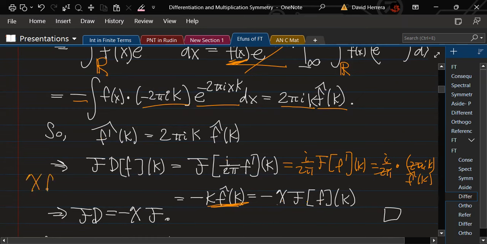So if you did f of x, that's just x f of x. However, in the Fourier transform we're thinking of the argument as a k, so it's going to be k times that. So it's negative x Fourier transform of k. So it tells us that Fd is negative xF.